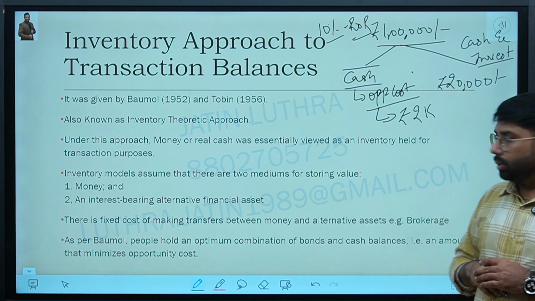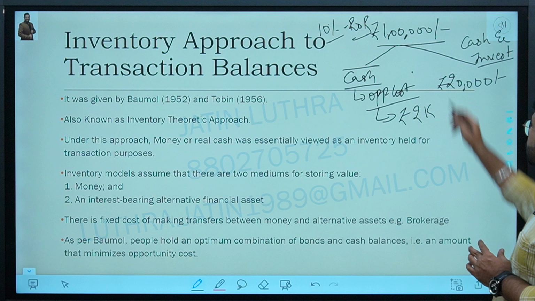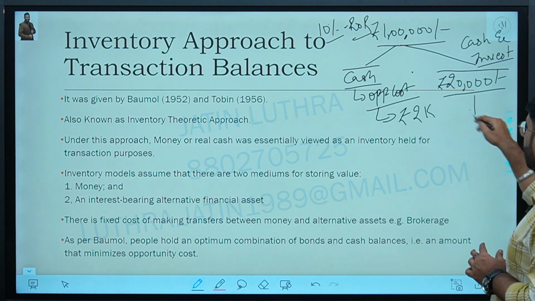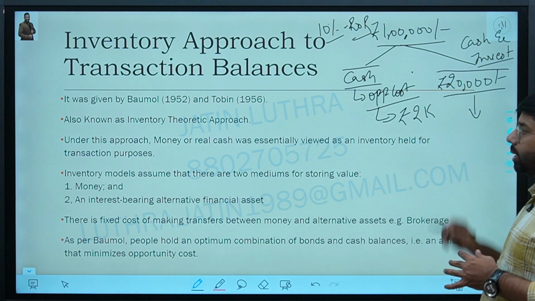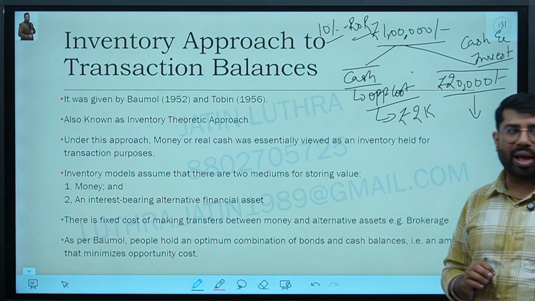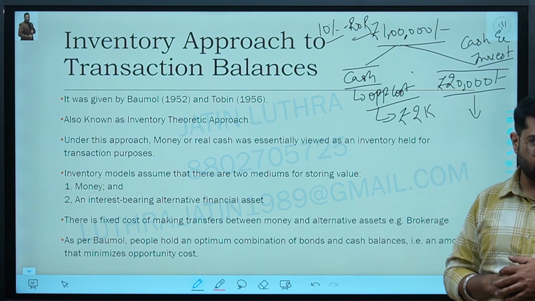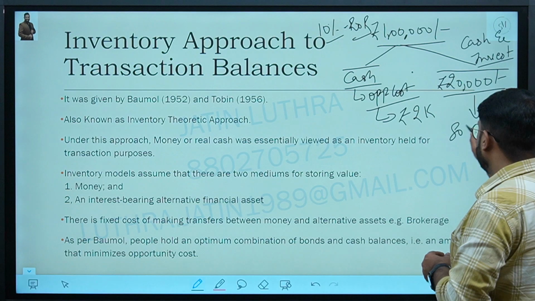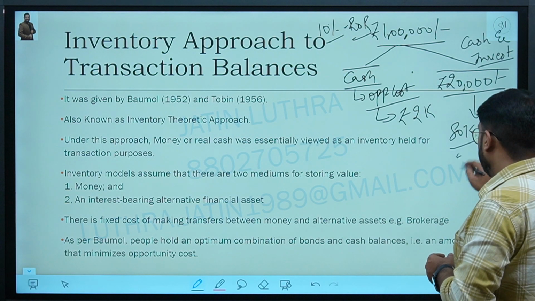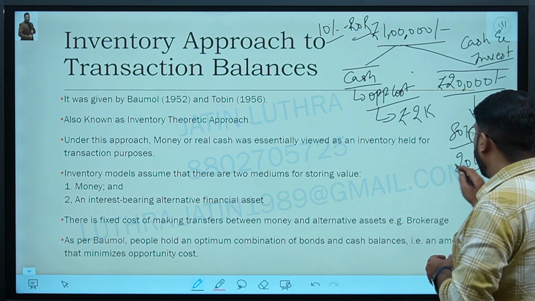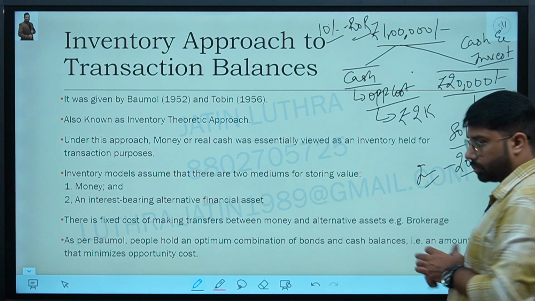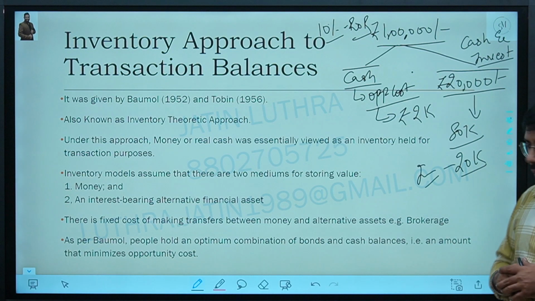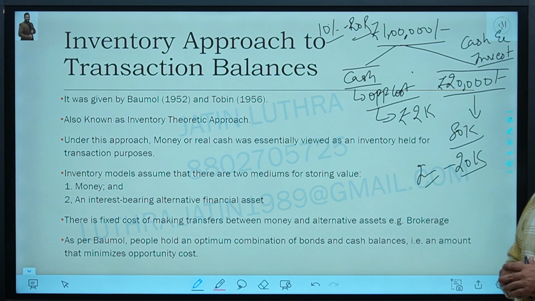Baumol said that what you can do is keep this 1 lakh in a combination of cash and investment. Correct? 80,000 rupees you need for consumption, keep it with you. 20,000 rupees you don't keep idle, you invest. When you invest 20,000, what will happen?